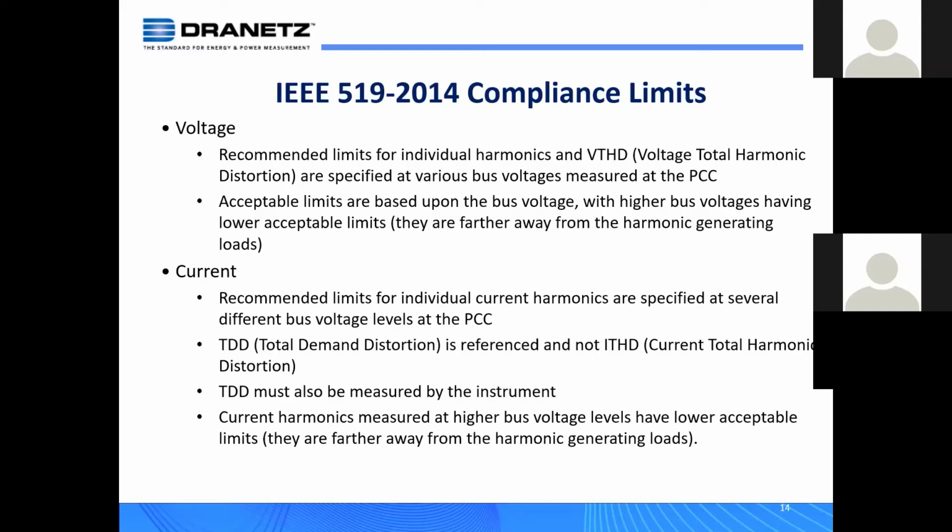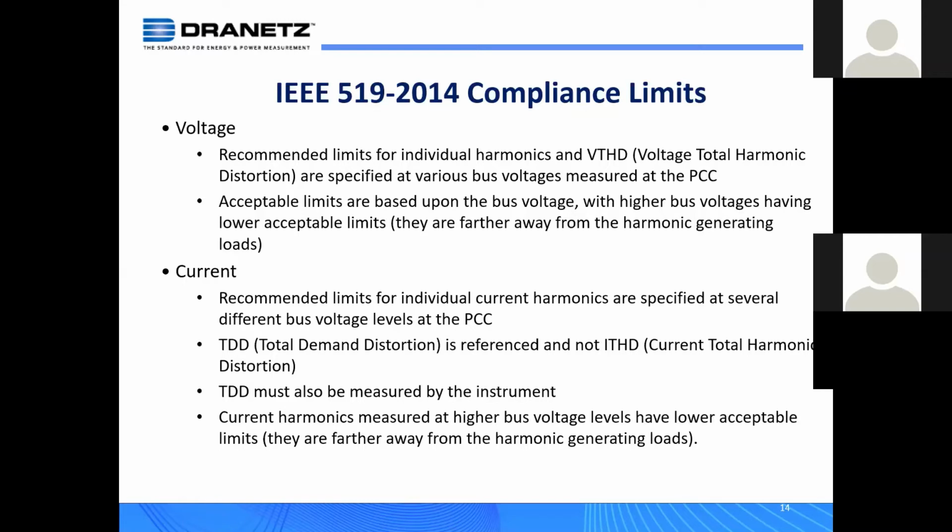That's because anything from that point down in the system has to be shared by everyone connected to the system, other distribution points and any facilities or loads in the system. So conversely, as you get closer to the facilities and the producers of these harmonics, the allowable limits are higher.